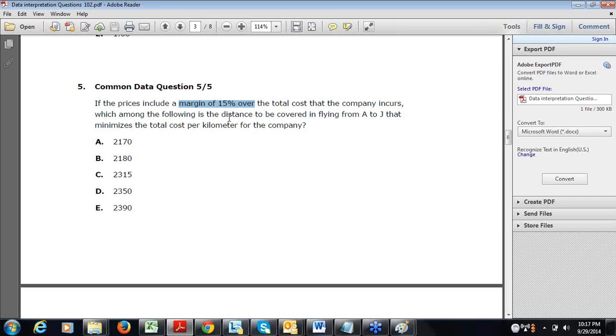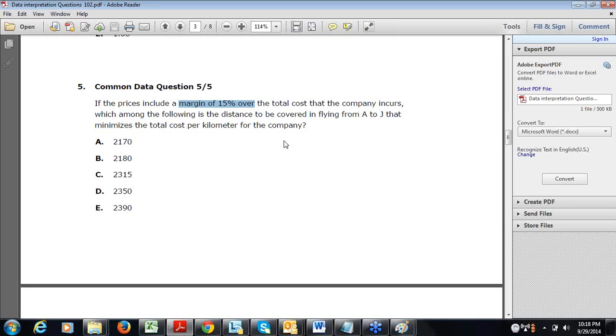The minimum cost per kilometer would correspond to the same route. AHG will be the only route, whether it is a 15% margin, a 10% margin, or a 5% margin. It won't make a difference because the lowest cost is for AHG. So even if the margin changes, the lowest cost per kilometer will in fact be for AHG only.